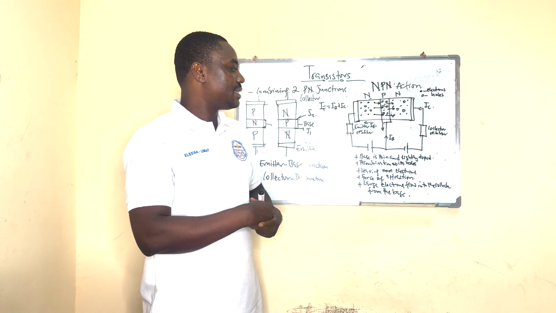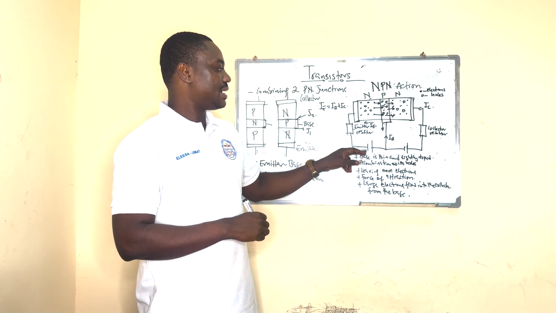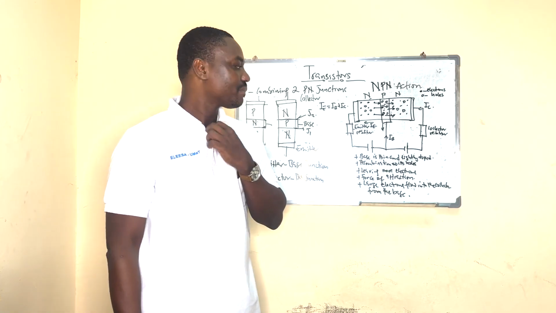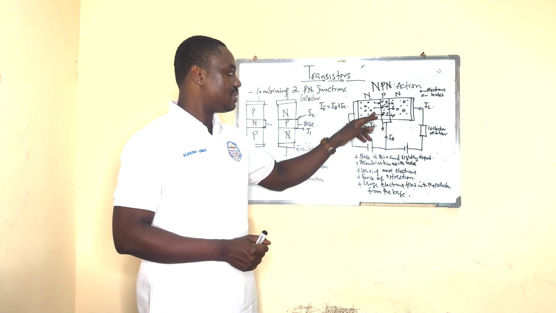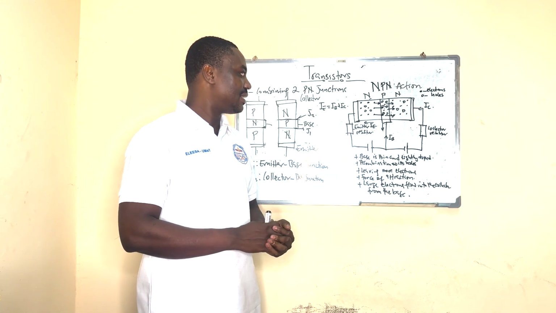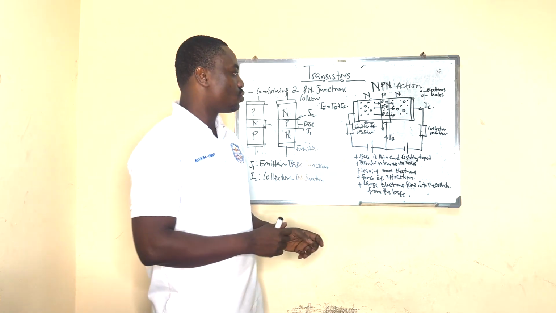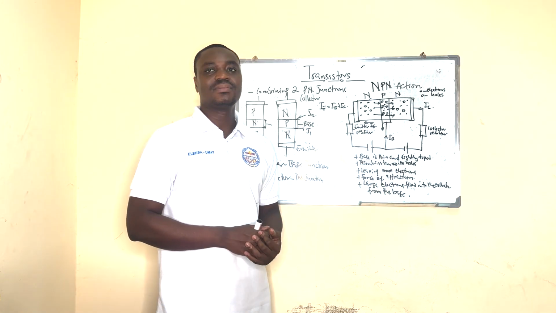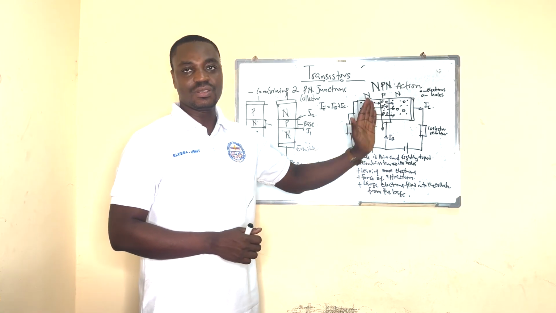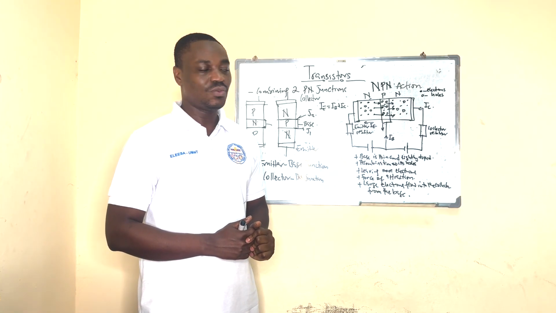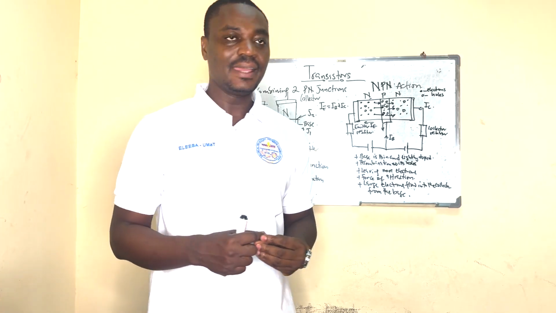Now, in order for current to pass through the NPN bipolar junction transistor, we make sure that the emitter-base junction is forward biased, which means we connect the positive terminal of a voltage source to the base region or base terminal, because in the base we have majority holes, meaning we have positive charges there.